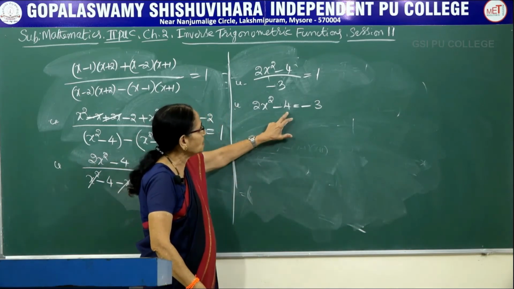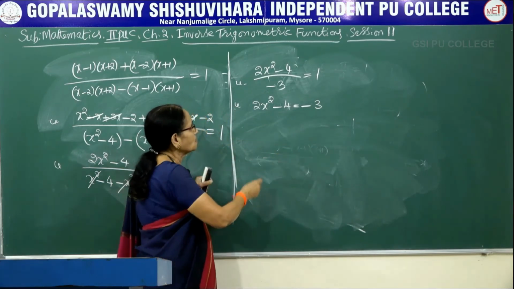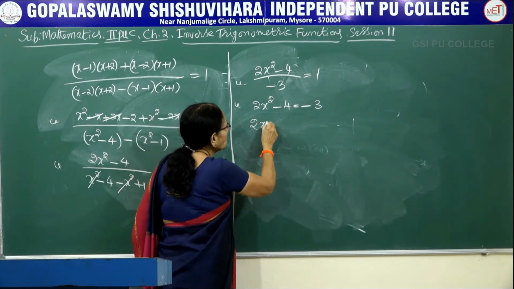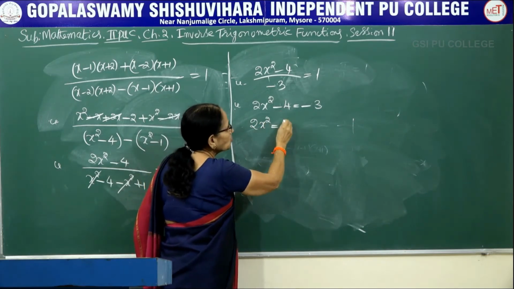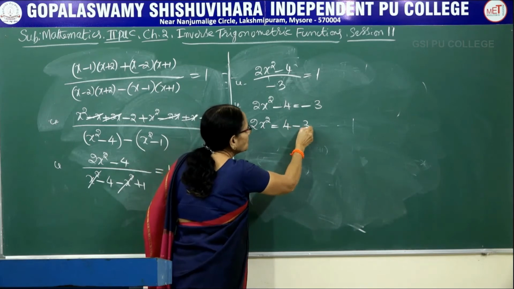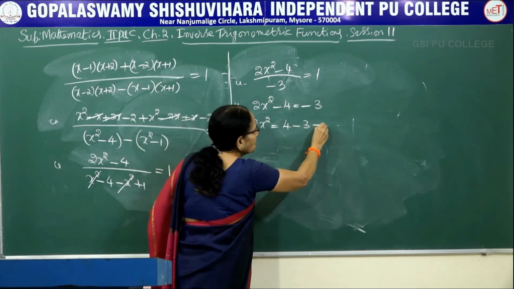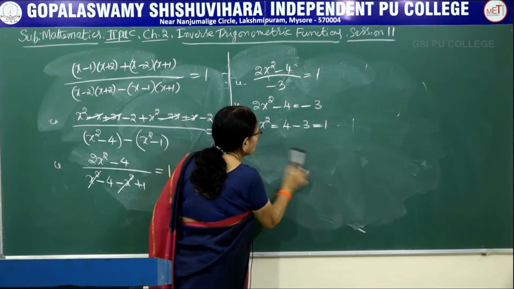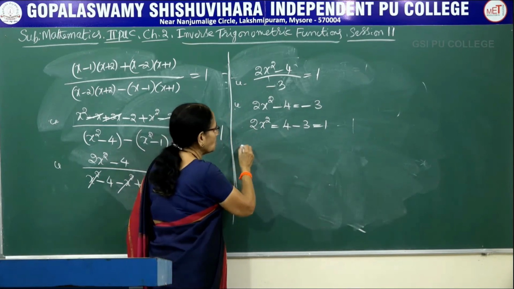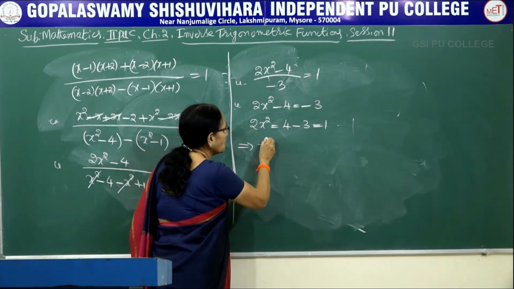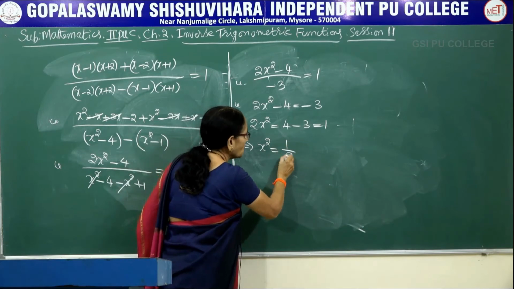This is a constant, so let me take it to the right hand side. 2x² = 4 − 3, that is 1. Therefore 2x² = 1, which implies x² = 1/2.